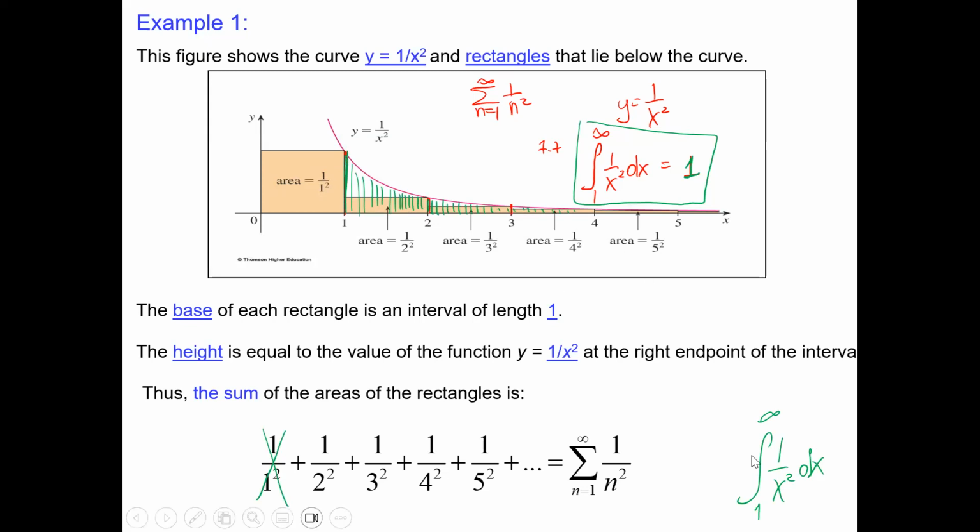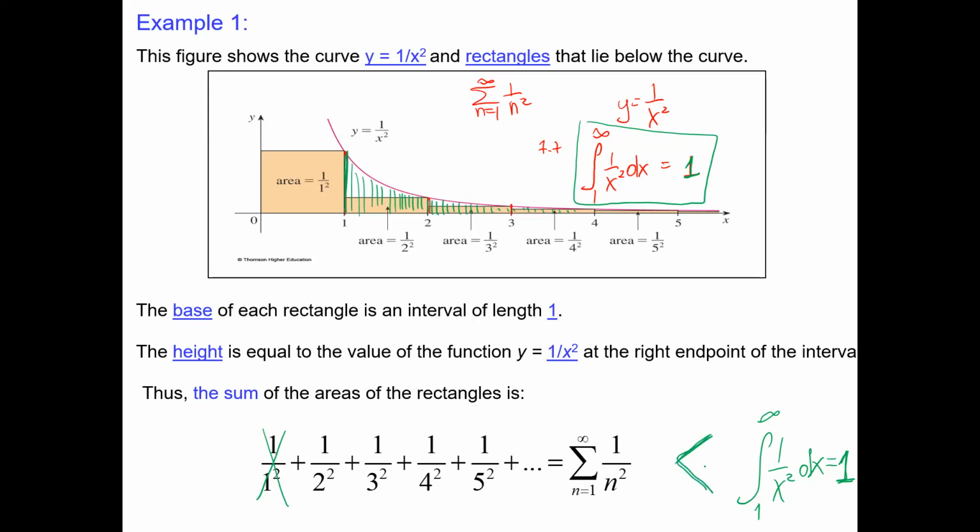This green area is bounded, it's convergent, it's 1. Our golden boxes are less, because we can see this is greater.